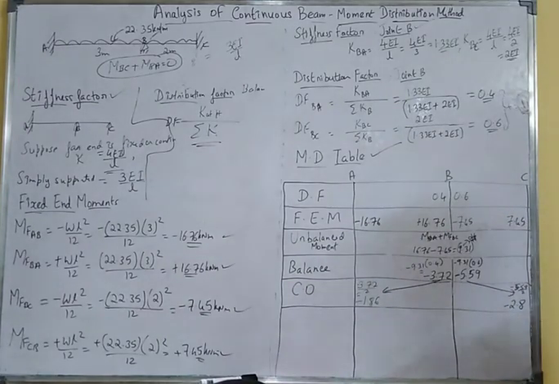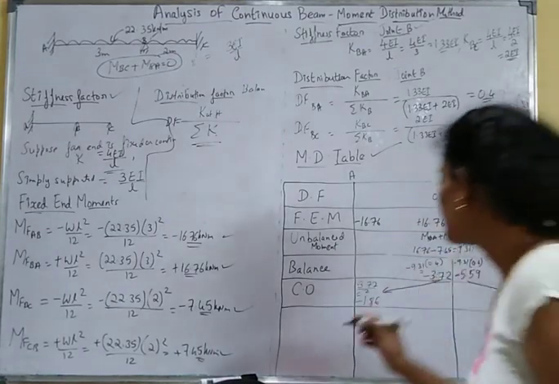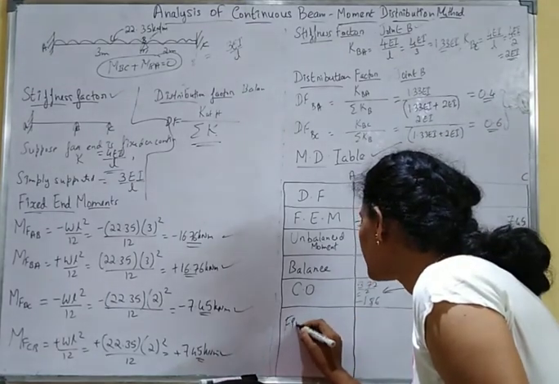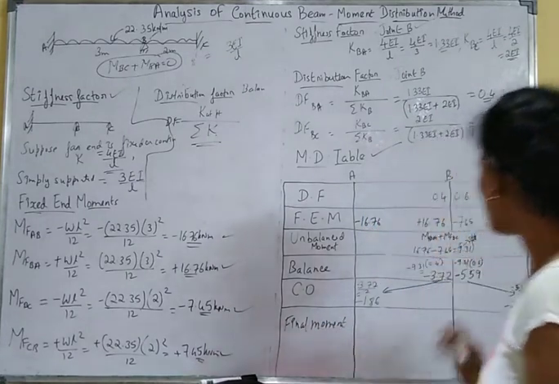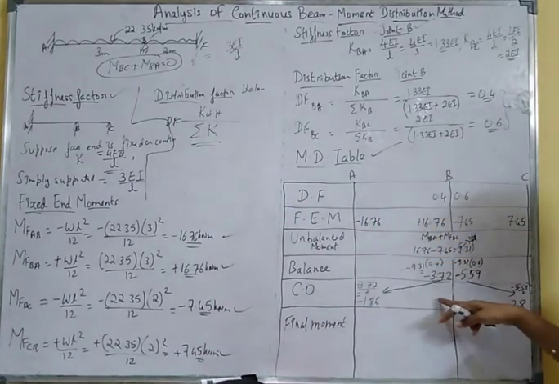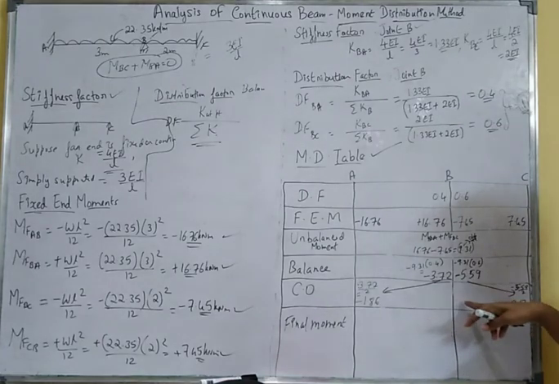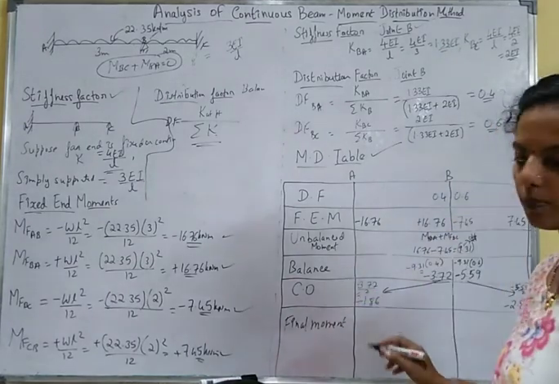Once this is done, there is no other balance moment left, so you can stop the step here. If there is any carryover found in this part, then you have to repeat the step. Otherwise, you can stop here.